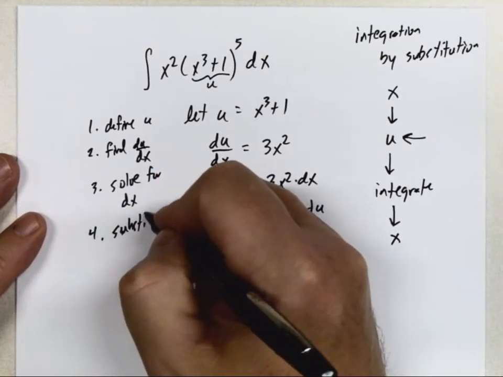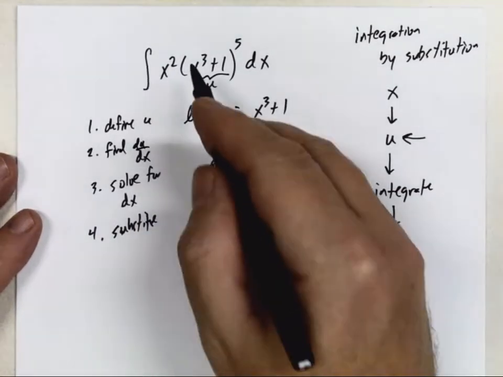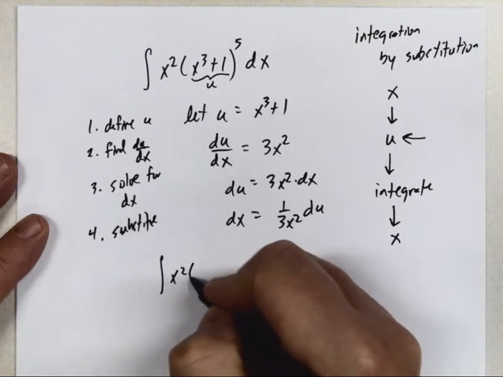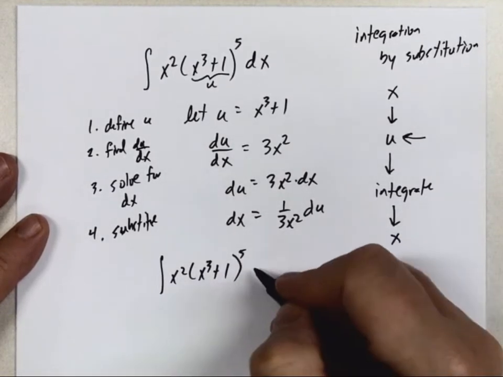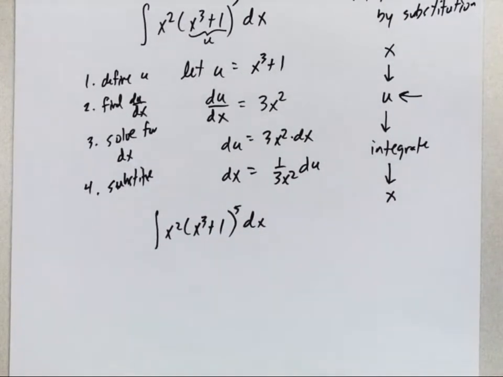Once I've done this, I'm now going to substitute into my original integral. I'll rewrite it here. And if this works, when I'm all done substituting, there will be no more x's and only u's. And beyond that, when I turn it into u's, it's actually something I can integrate.